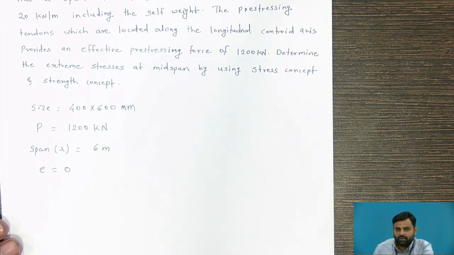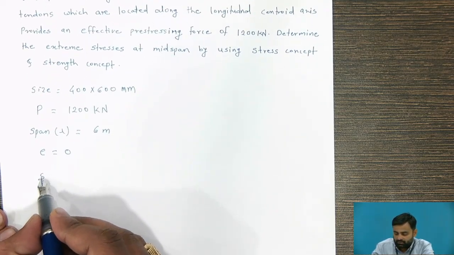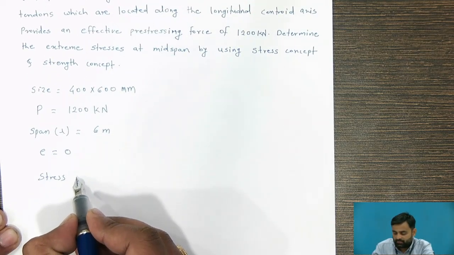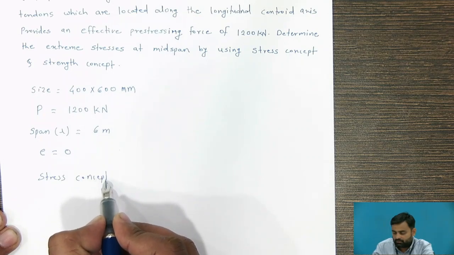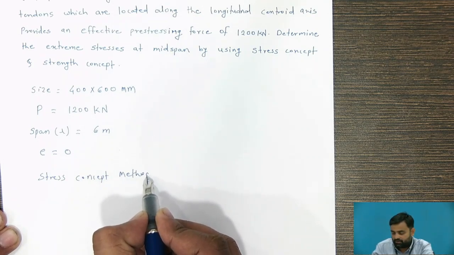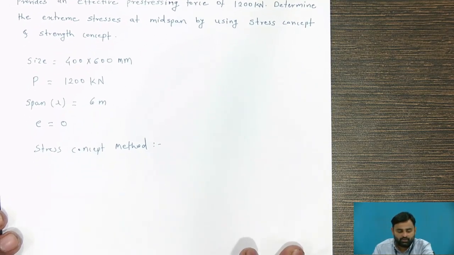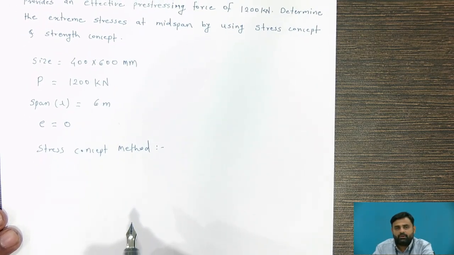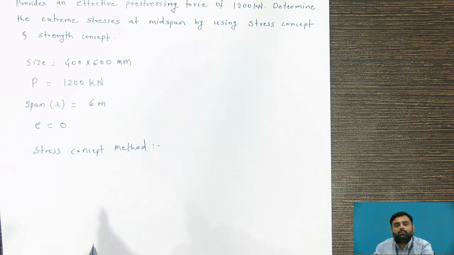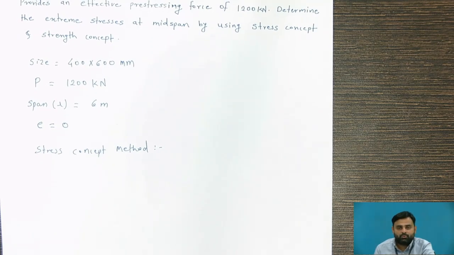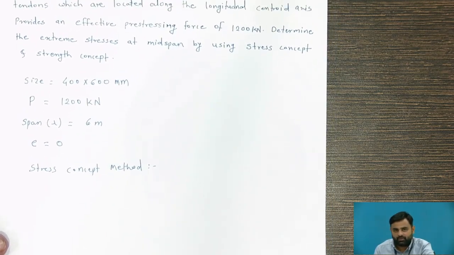So now first we will begin with the stress concept. In the stress concept method, first we will calculate the cross-sectional area, then we will calculate the section modulus Z, because the resultant stress in the stress concept can be calculated as the direct stress, that is P by A, then the stress due to eccentricity, that is P e by Z, and then the stress due to bending, that is the external loading.